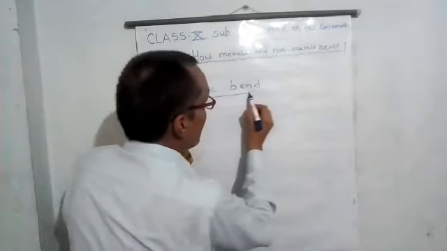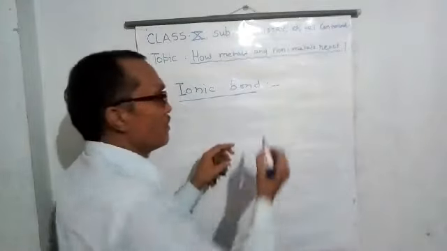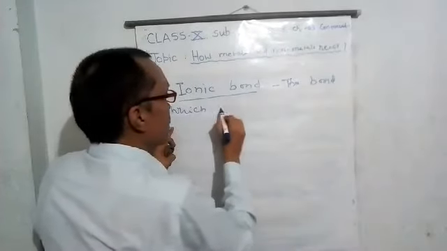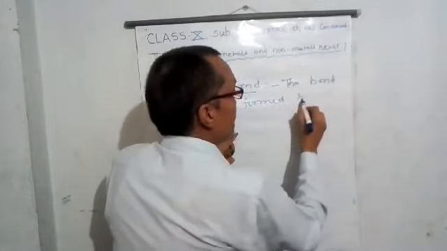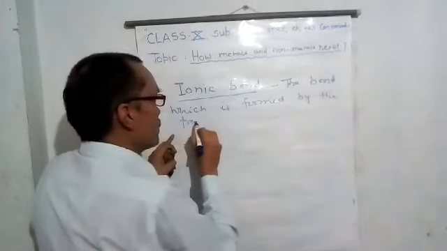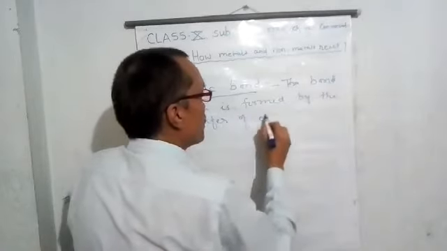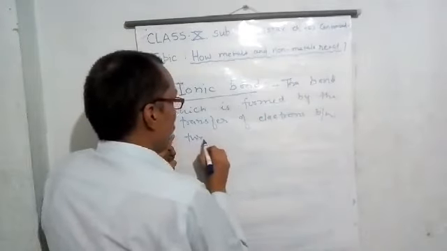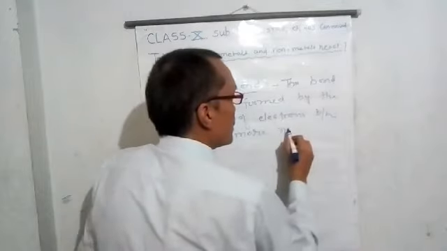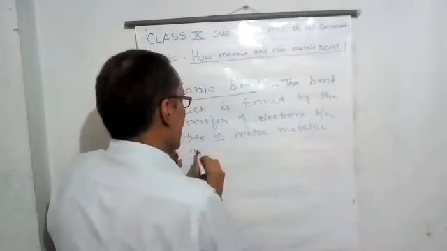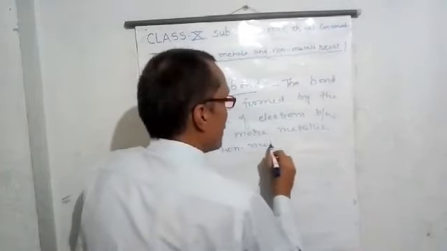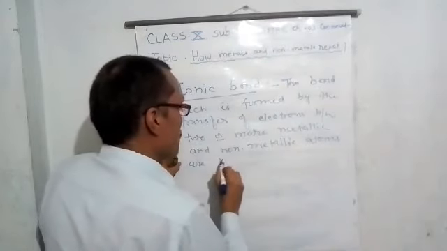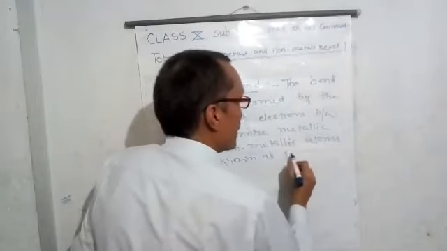So in brief, the bond which is formed by the transfer of electrons between two or more metallic and non-metallic atoms is known as ionic bond.